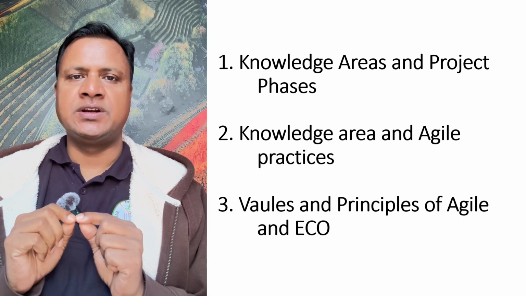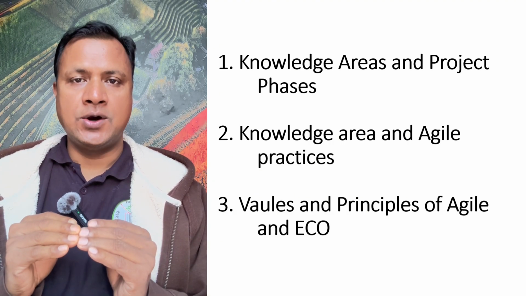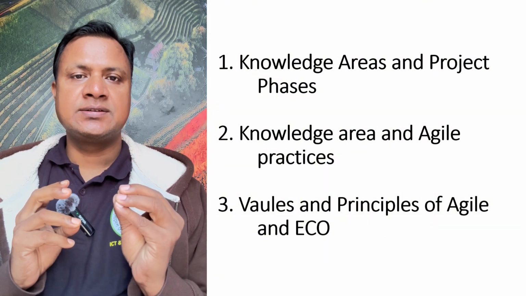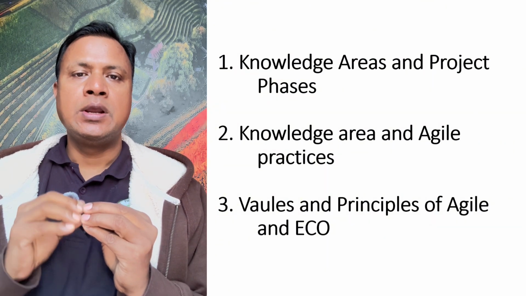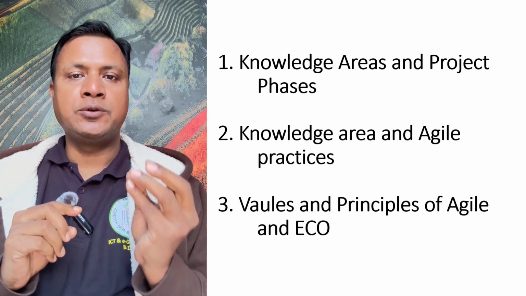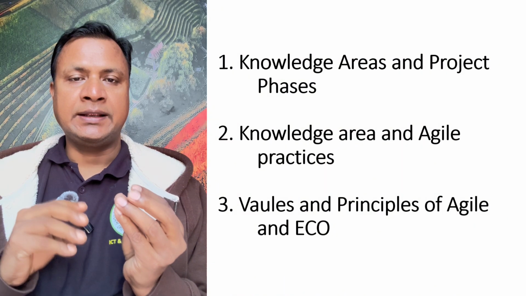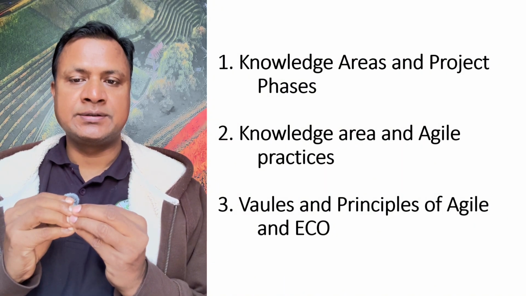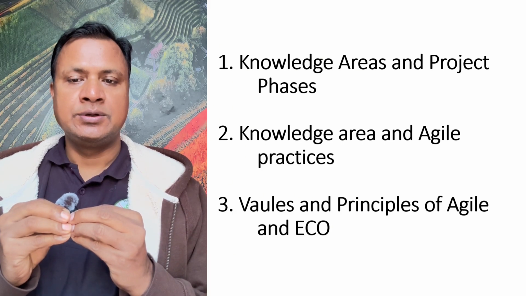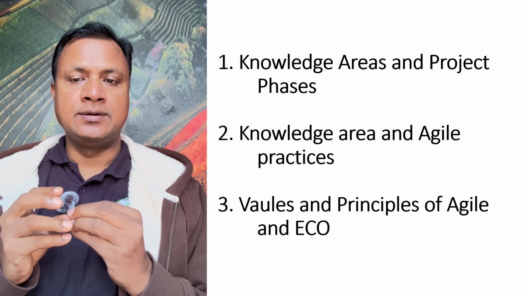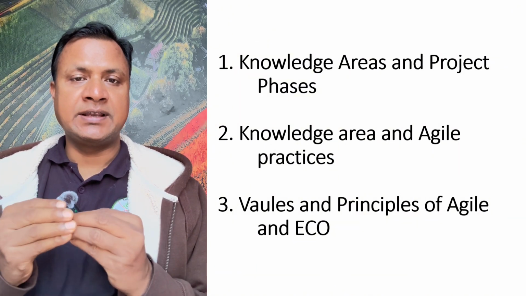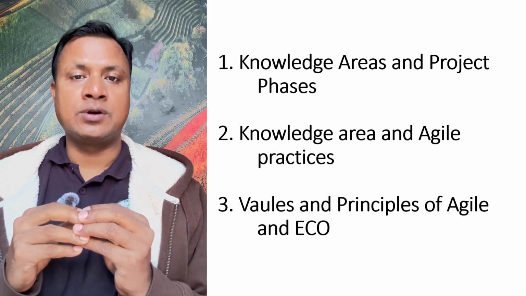In this video specifically, we are focused on three aspects: number one, how the knowledge areas are connected to the project management phases; number two, how the knowledge areas are connected to the agile practices; and number three, how the values and principles of agile are discussed in the exam content outline.